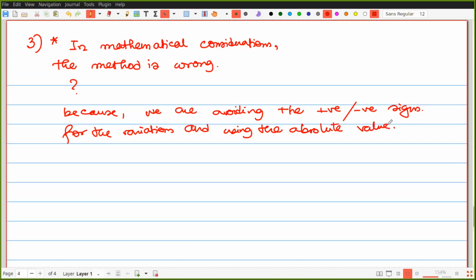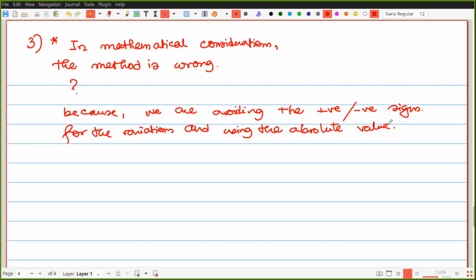So it is originally a wrong way of finding the mean deviation. In statistical considerations, that is a very good measure of dispersion or variability.